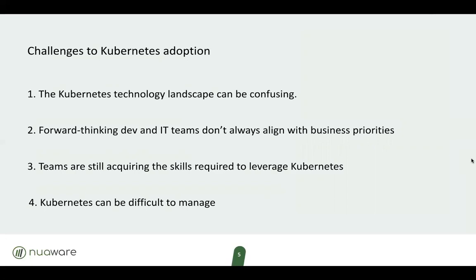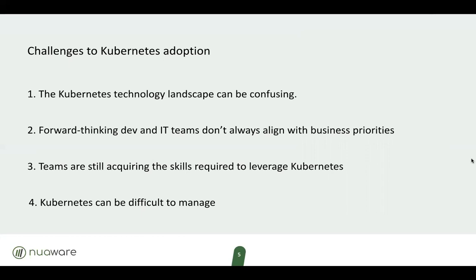And also, forward-thinking developers and IT teams don't always align with the business priorities. So when budgets are only allocated to maintain the systems, it can be hard to get funding to experiment with Kubernetes adoption initiatives, and they can absorb a significant amount of time and team resource.